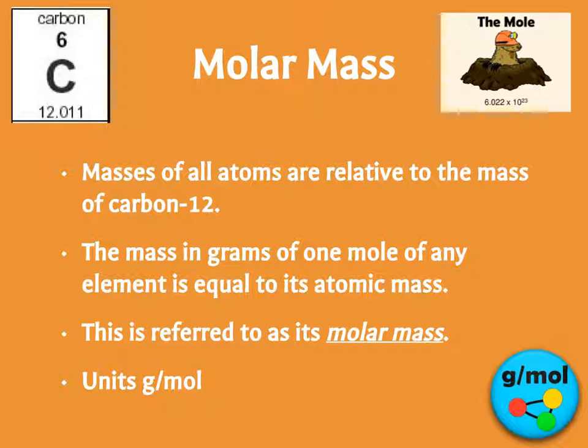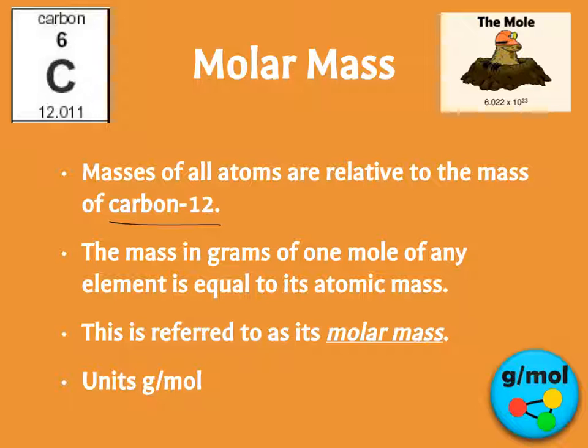As we've talked about, when you're measuring quantities in lab, it often has to do with the mass in grams. So remember that the mass of a mole of carbon-12 atoms is 12 grams. And we know that in 12 grams of carbon-12, there are 6.02 times 10 to the 23rd individual carbon-12 atoms, or 1 mole of atoms.